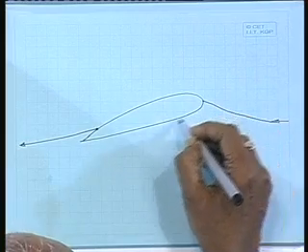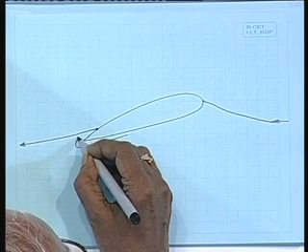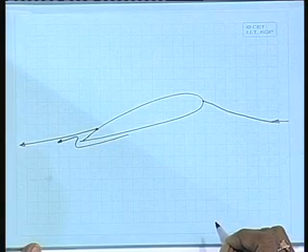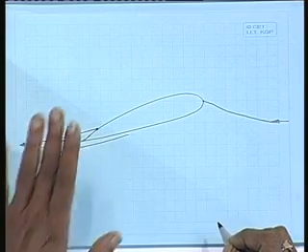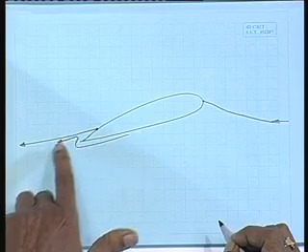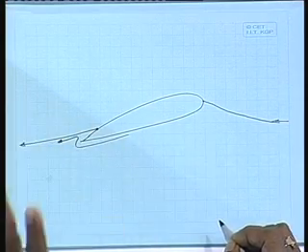What about this flow? This flow will come like this and go like this. Do you understand? Now, this as you can see is unsteady flow. The flow cannot go around such a large curvature and follow this.